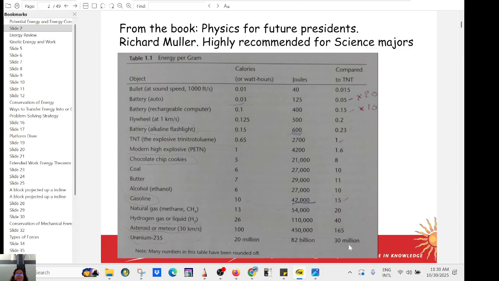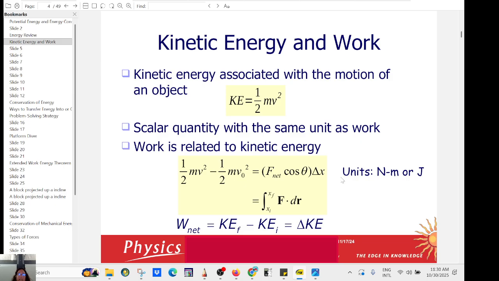If you take atomic energy, like energy in uranium, for the same mass, you have about 1,000,000 times more energy than you have in fossil fuel. 1,000,000 times more for the same mass. So you need a lot of fossil fuel and you need a tiny bit of uranium for the same purpose. Okay.